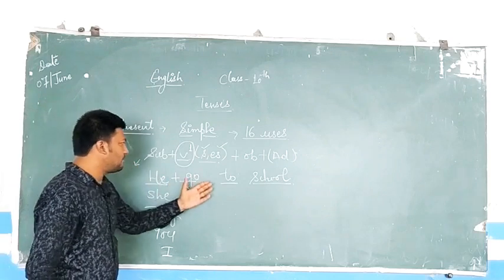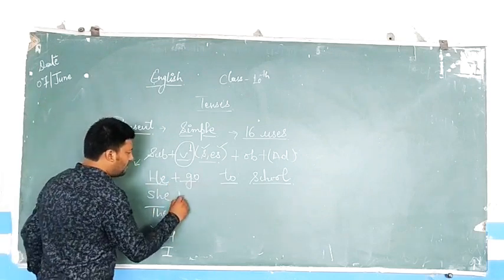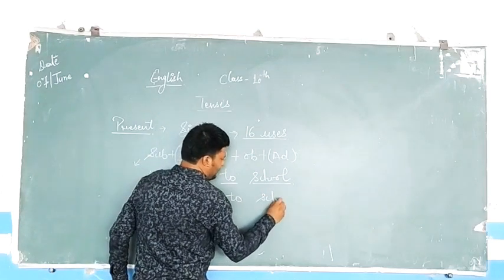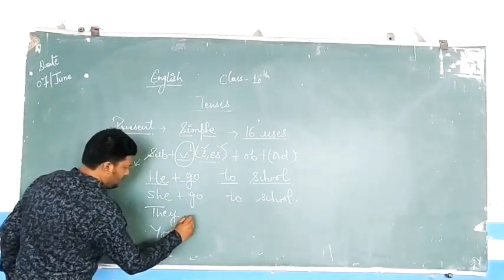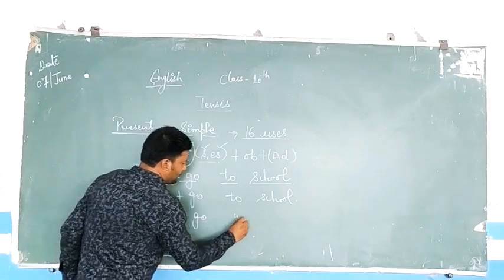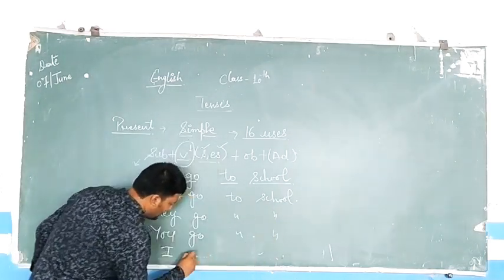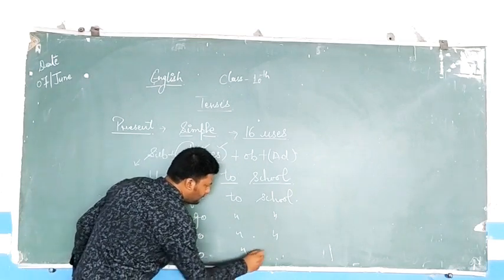So, he go to school. I will write it everywhere so that you will understand it well. Here also go to school, and again with the last one, go to school.